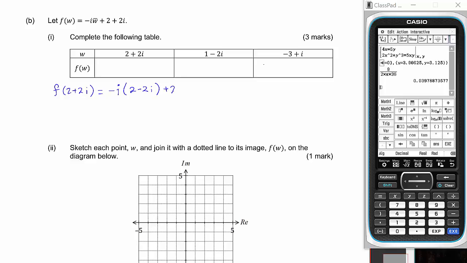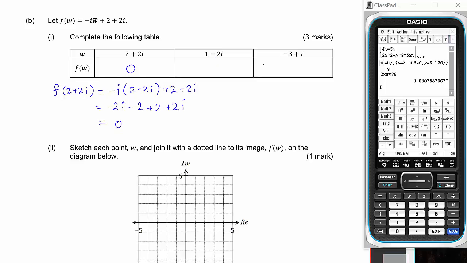Then I'm going to go plus 2 plus 2i. So that's negative 2i plus 2i squared. So that would end up being minus 2 plus 2 plus 2i. And that appears to be at the origin.